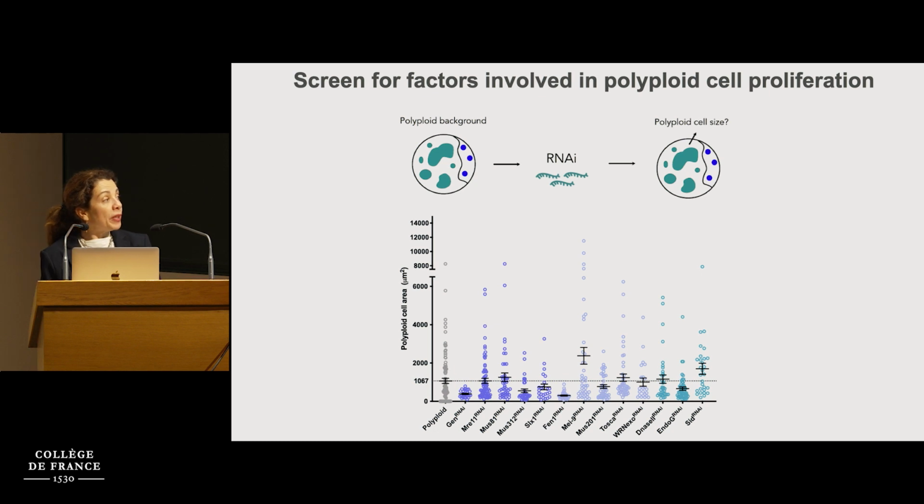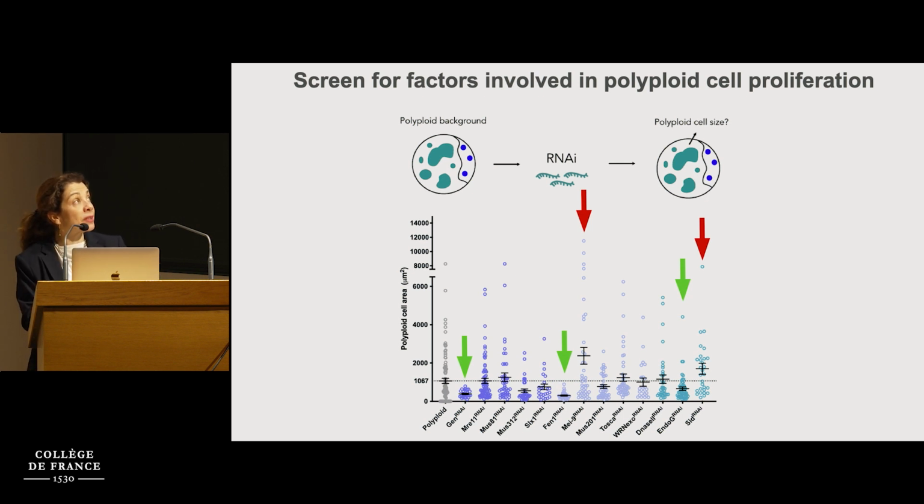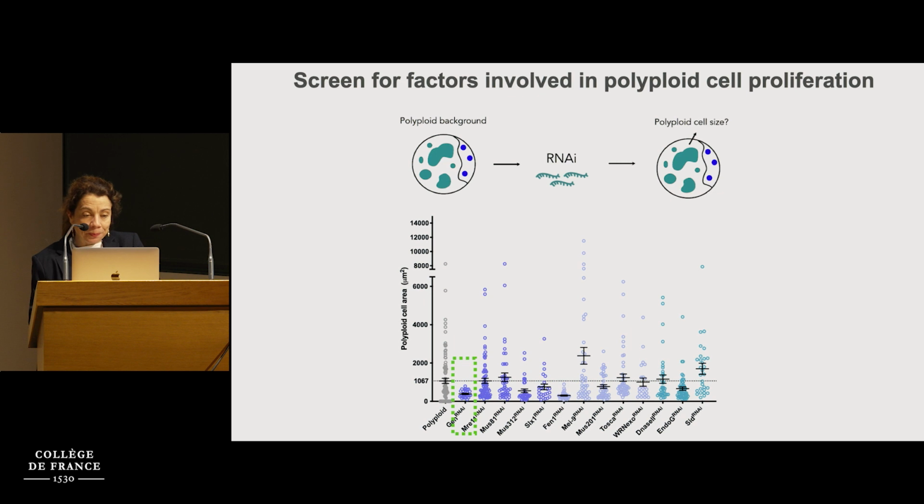And this is what she obtained. A few of those, like the ones in green, become smaller. Some of these nucleases, like Gen, which I will be talking about here, but others such as FEN1, which is from the same family, but also quite surprising others, where cells actually became bigger.